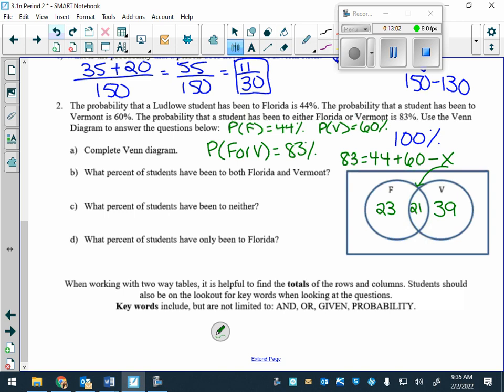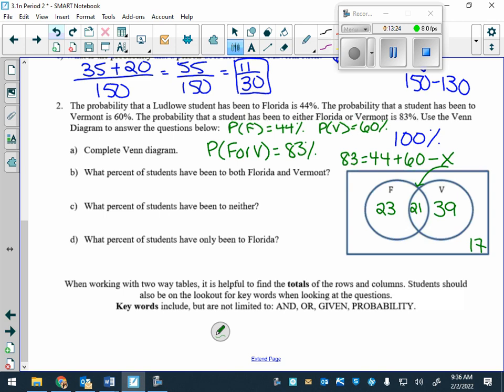Yeah. However, we don't know what's left over. Who has not been to Florida or Vermont? How many? What's the percentage? Yeah. 17%. Good. Okay. So, what percent of students have been to both Florida and Vermont?